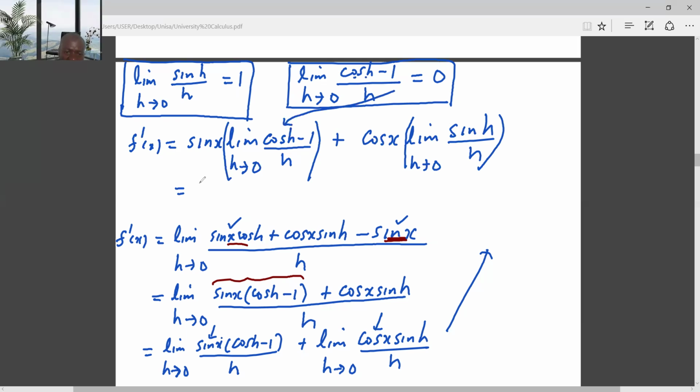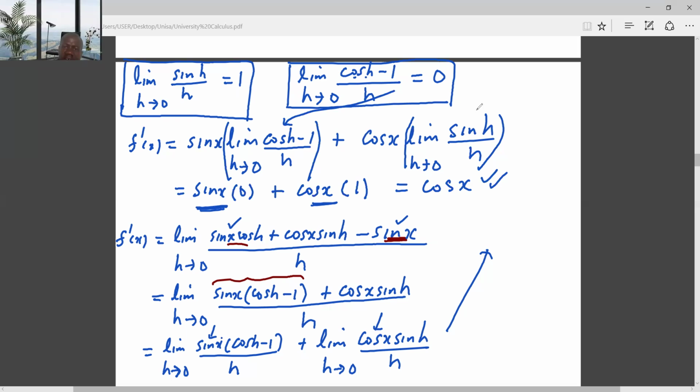So where there is sine x, we substitute this by 0, plus cos x, we substitute this by 1. So what is the final result? This is 0, and this is just 1. So you're going to have cos x. That's why we say the derivative of sine x is cos x. This is the proof. We just proved this.